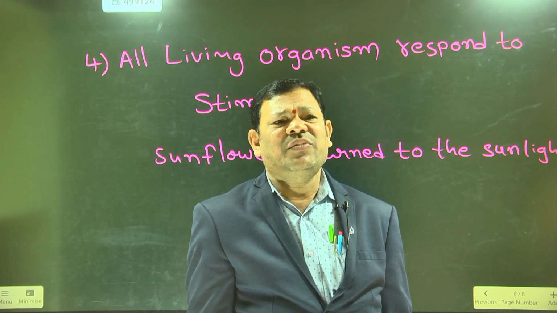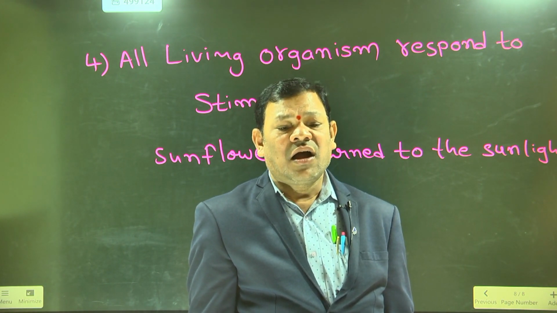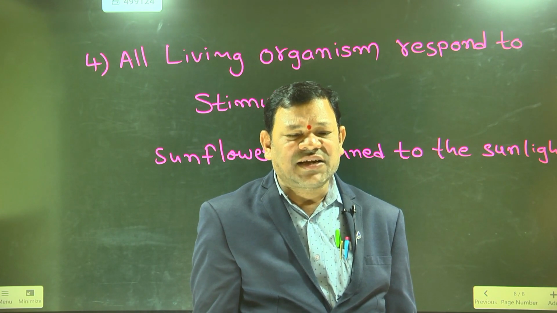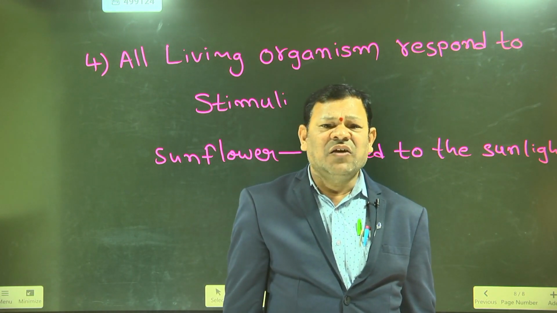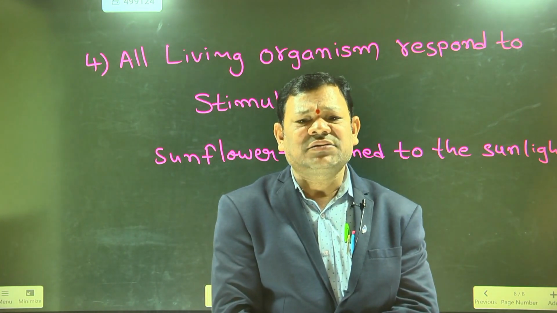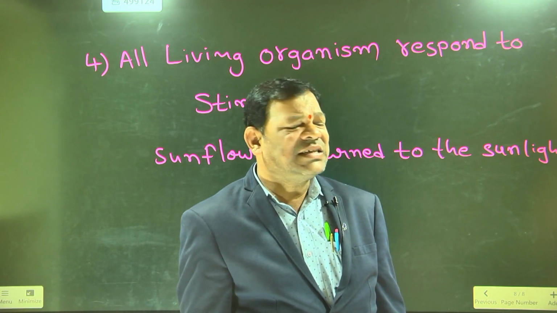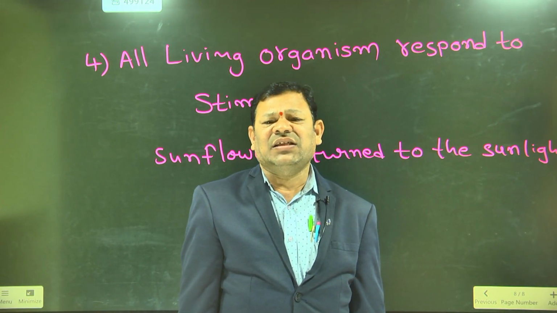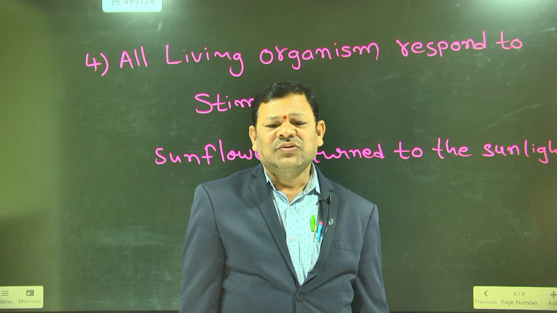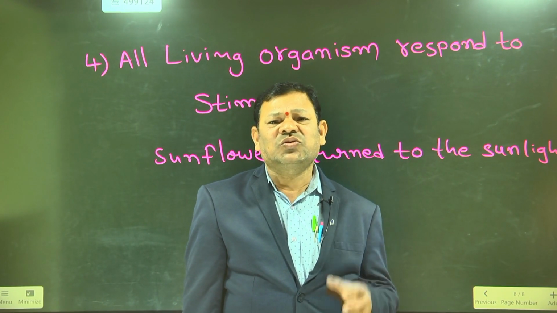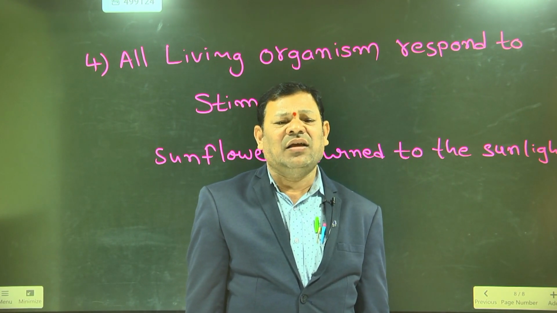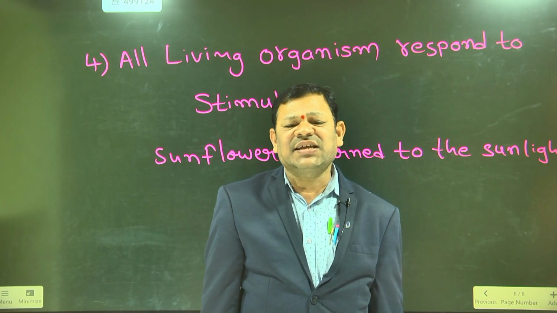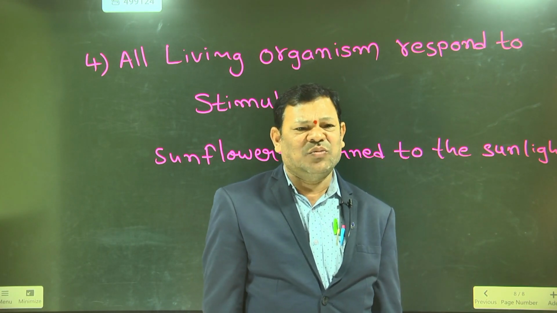For example, if any bright light is focused on your face, we automatically close our eyes. That is the response to the stimuli. If anybody shouts, we keep quiet. These are the characteristic features of living things. Living things show a response to stimuli, while non-living things cannot respond to stimuli.